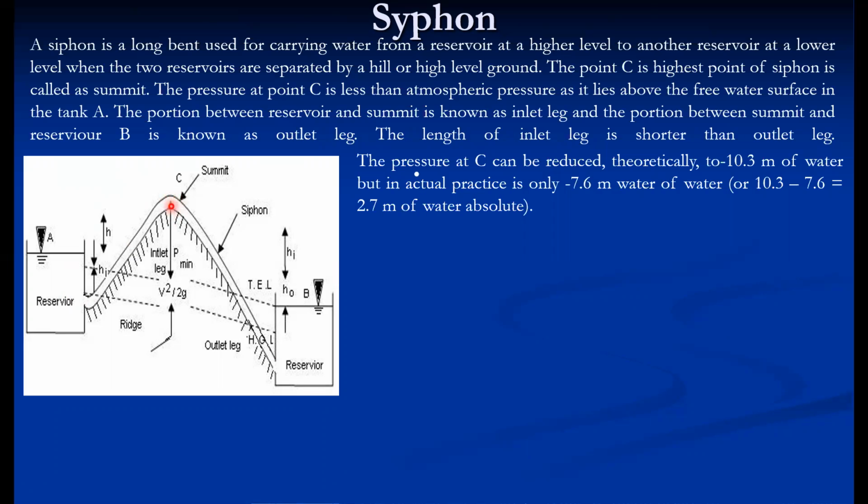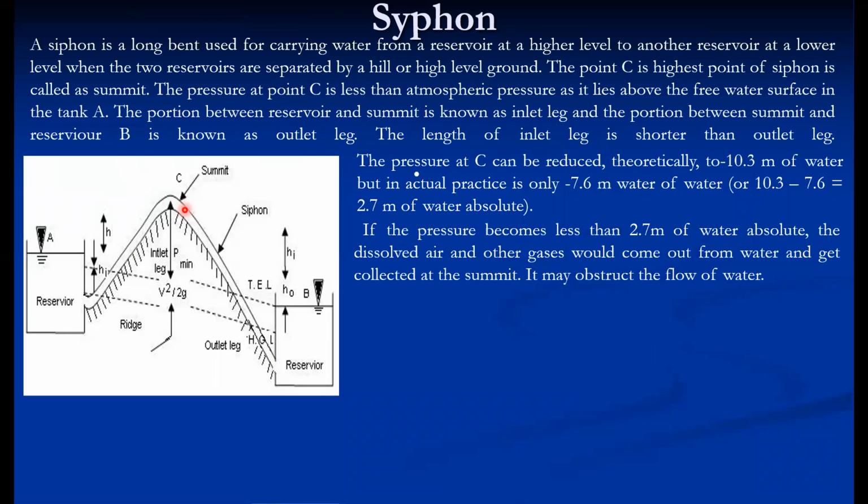But practically this pressure should not reach minus 10.3 meter of water, because that means absolute zero pressure. In actual practice, it is only minus 7.6 meter of water, or we can say 2.7 meter of water absolute.